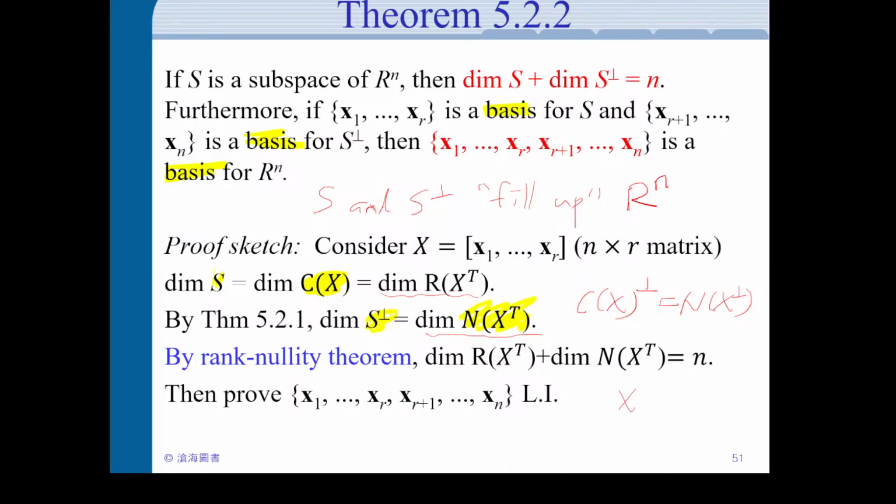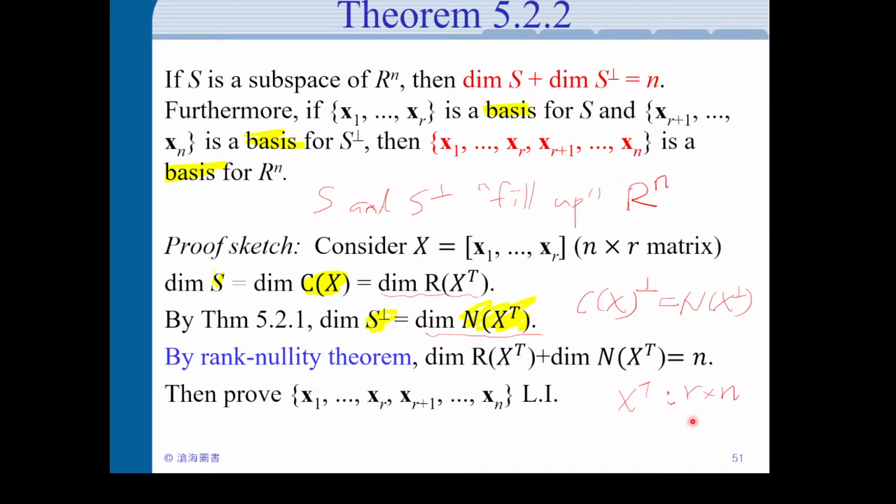We know X is an n by r matrix, and X transpose is an r by n matrix. So you do the rank-nullity theorem, and you will get this n here, which is the number of columns of this X transpose.